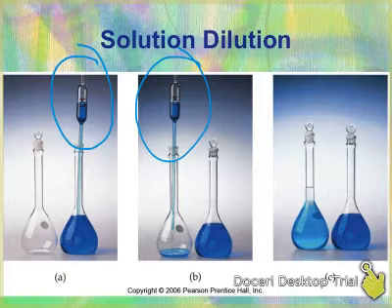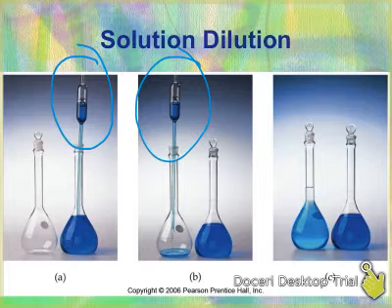And basically, as we see in this picture, we're trying to dilute the solution. So they stick a pipette down. Maybe this is our 12 molar solution that we were just talking about. You stick the pipette in there, and there's a bulb that you put at the top. You squeeze it, and as it goes, it sucks the liquid up. There's a line up here, just like the volumetric flask. Once you get to that line, it's exactly 25 milliliters.